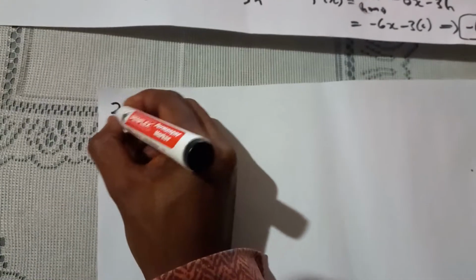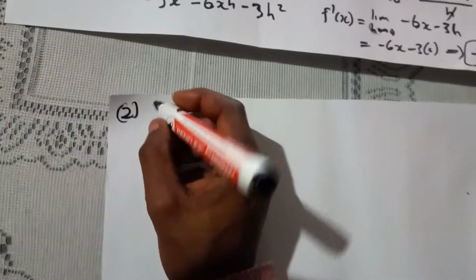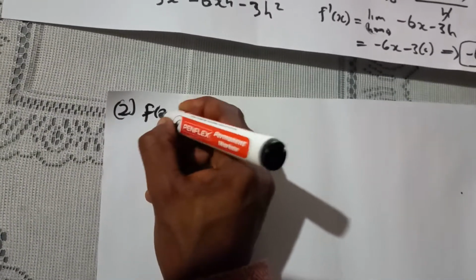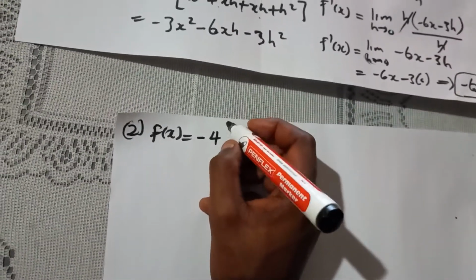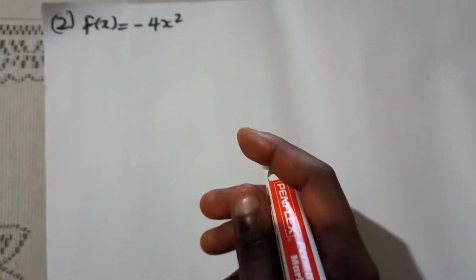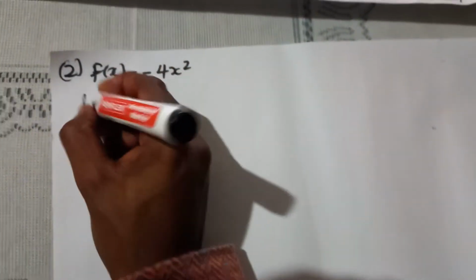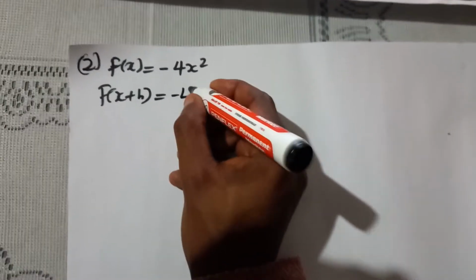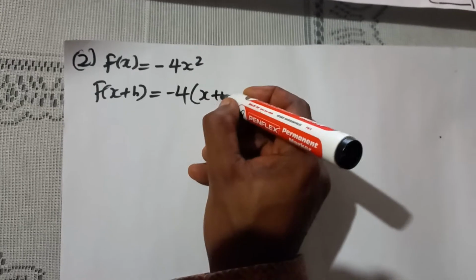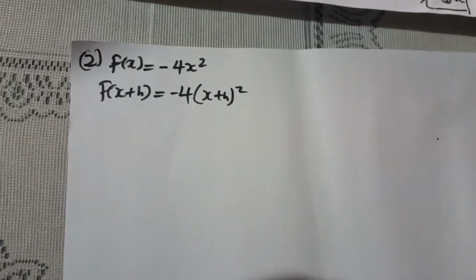Our second example says that f of x equals negative 4x squared, right? Now we do the same. We find f of x plus h, which is negative 4 times x plus h squared, right?